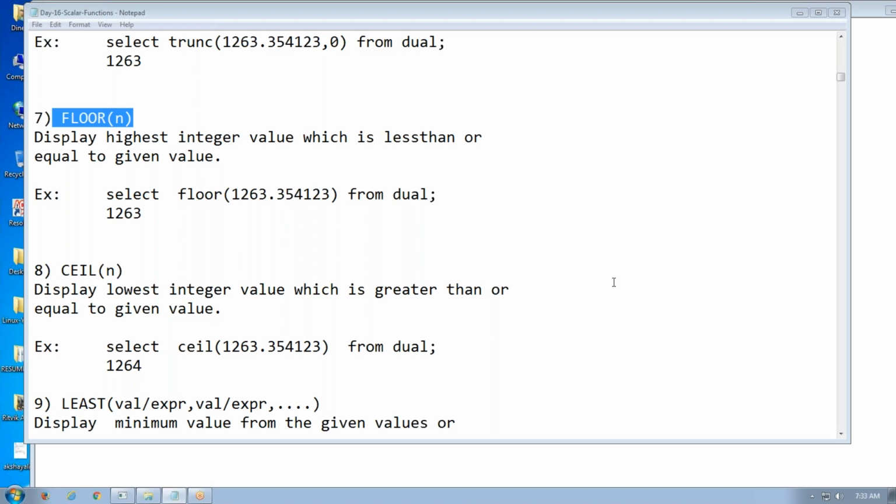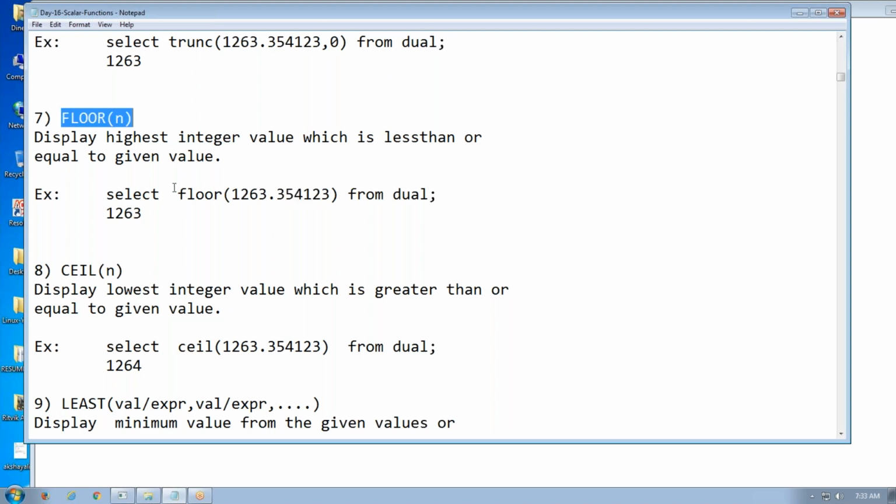See, trunc prints exactly whatever digits are there. By using trunc, can I print some digits in the decimal part? Yes. But is it possible by using floor?